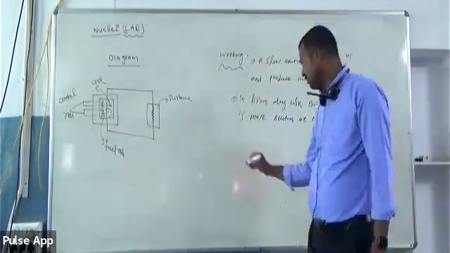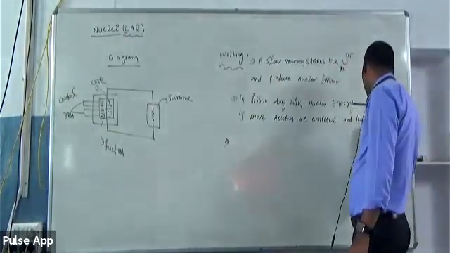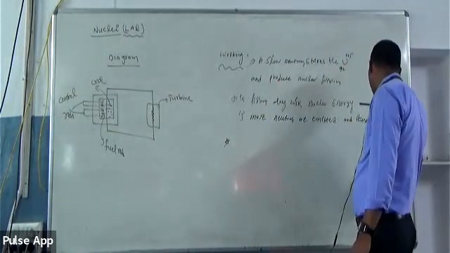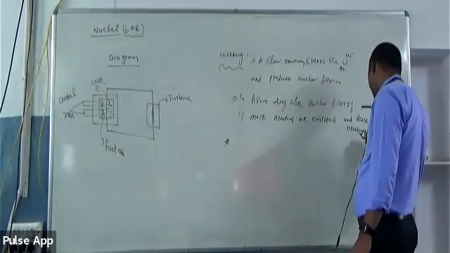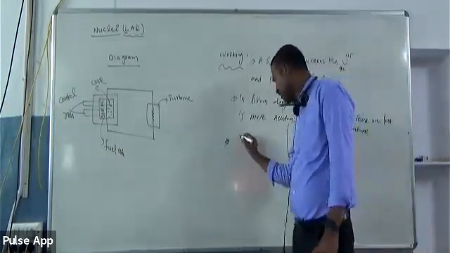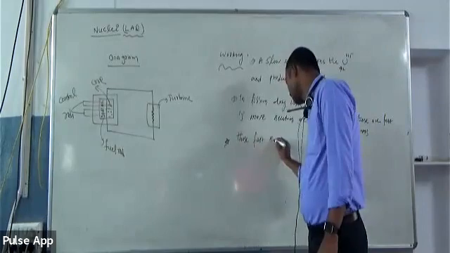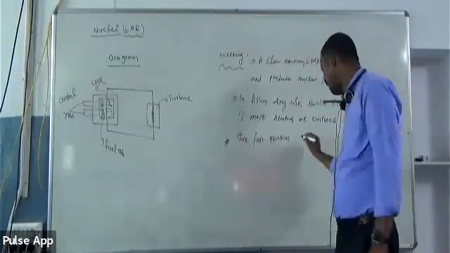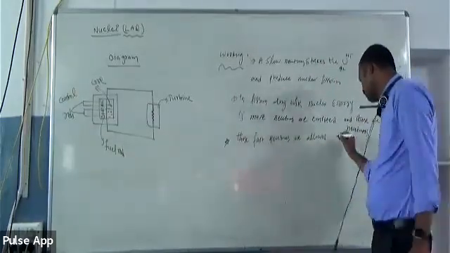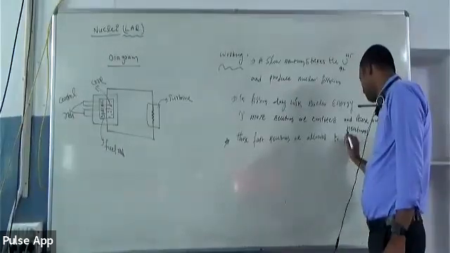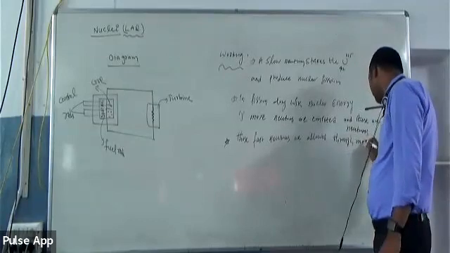Okay? So if you want, you can write, and these are fast neutrons. Okay. So next step, what you have to write? These fast neutrons are allowed to pass through the moderator.